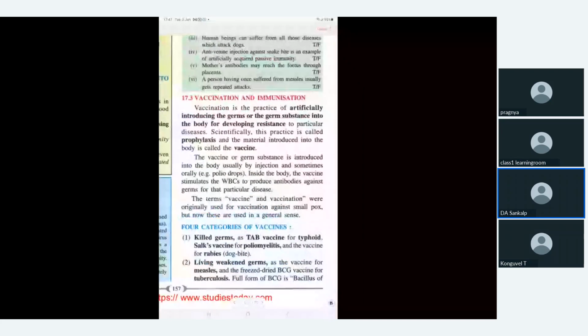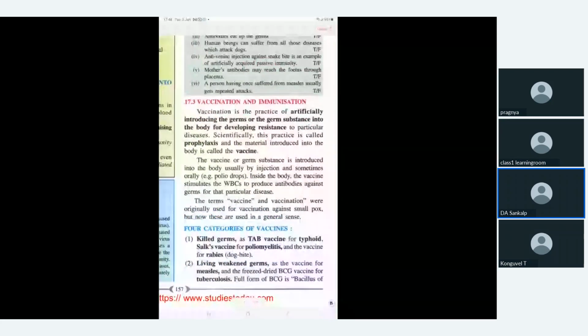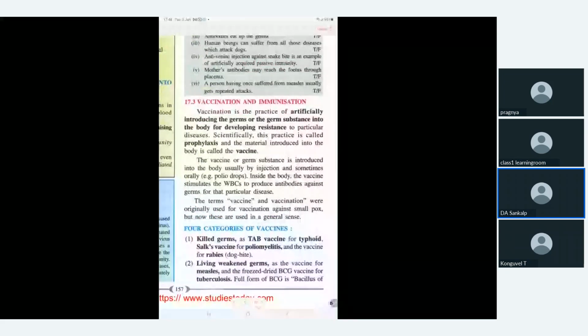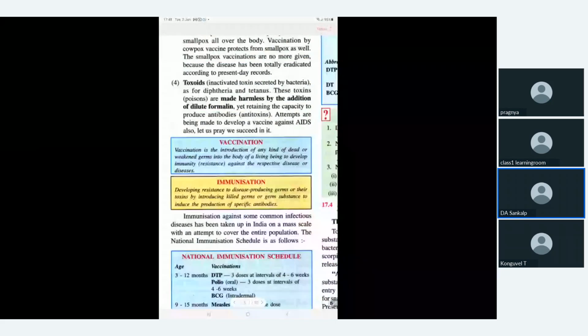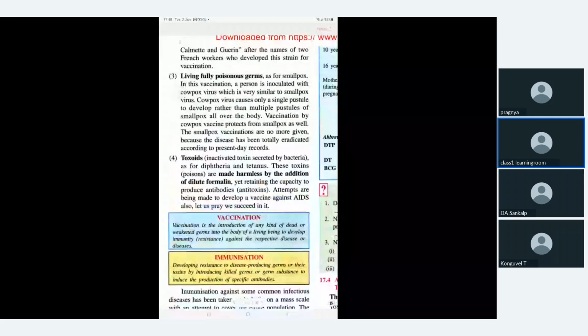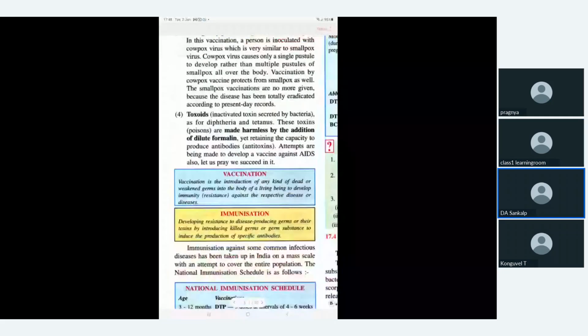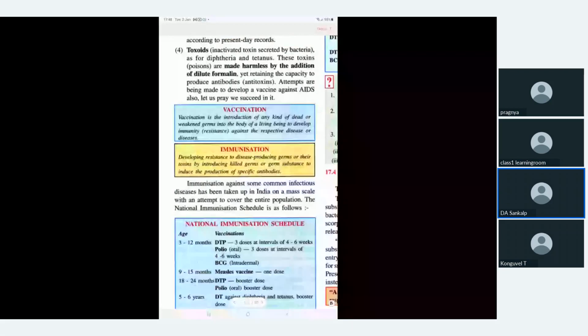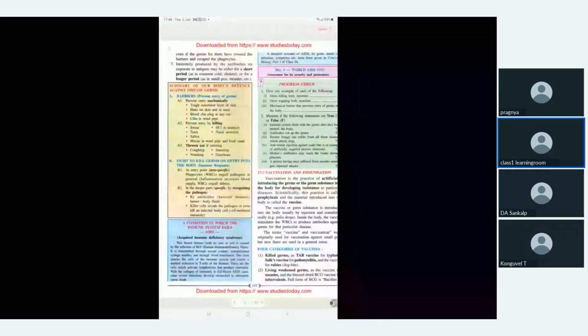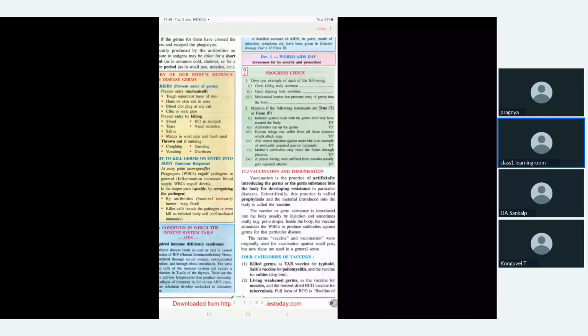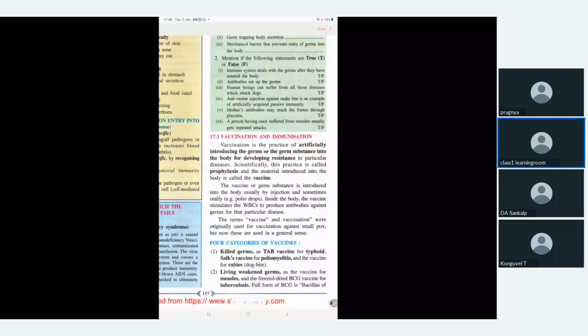By many ways, like their period, is the vaccine for short period or long period? Like polio vaccines are for long period. See, based on how they are produced, nature of production.